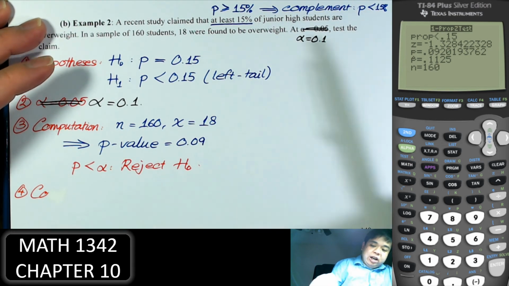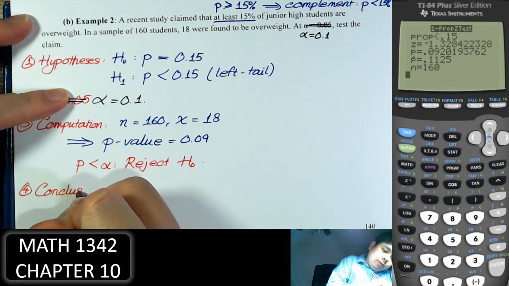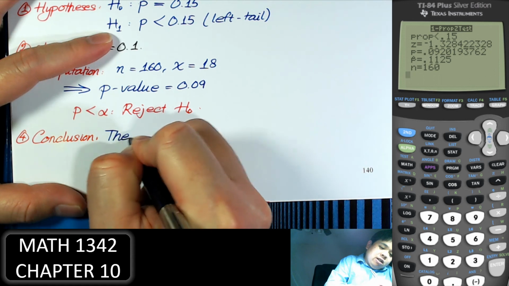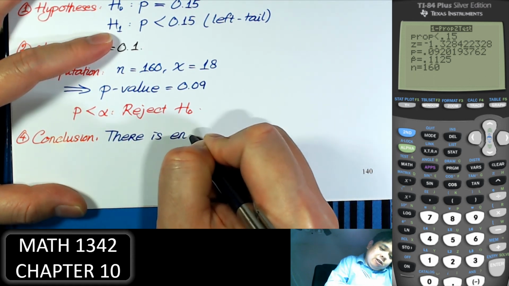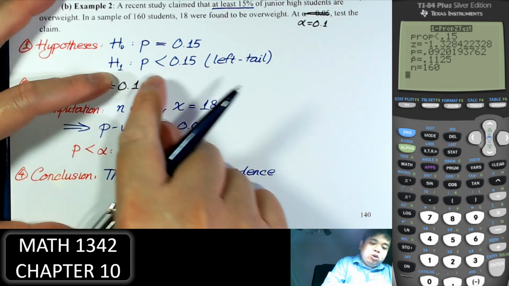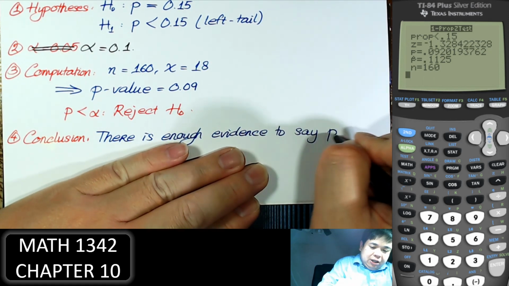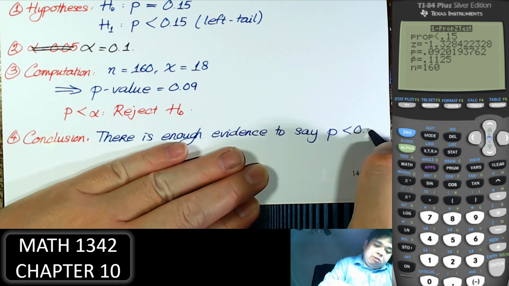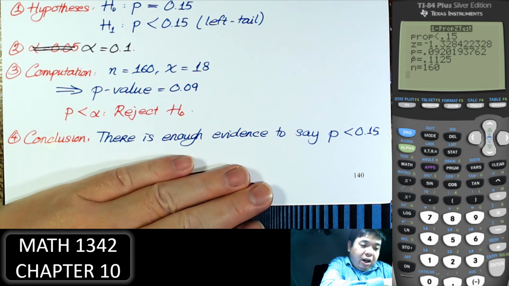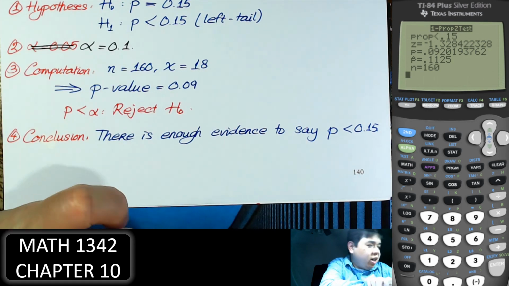Right, reject, so there is enough evidence to support that, to say the proportion is less than 0.15, so meaning that the rate of overweight is less than 15%. Right, so we support the H1.